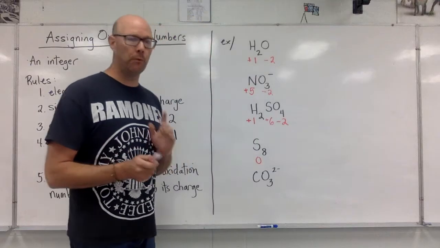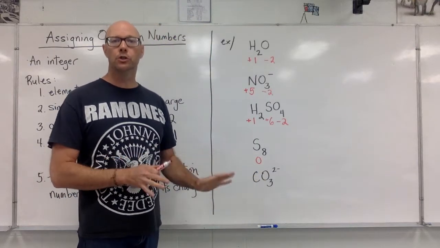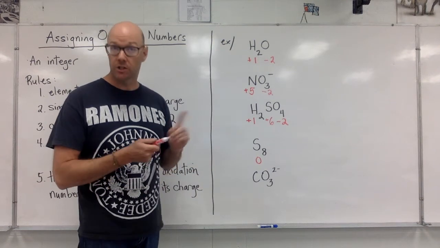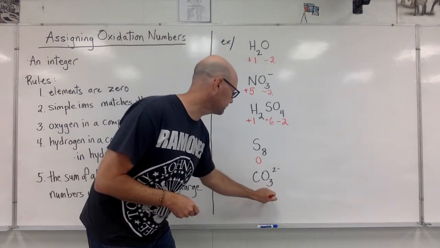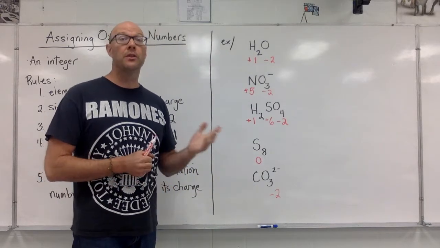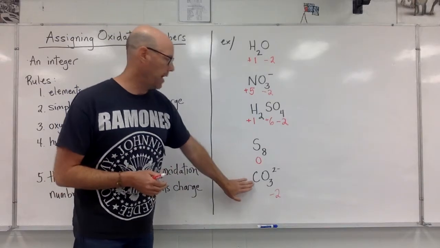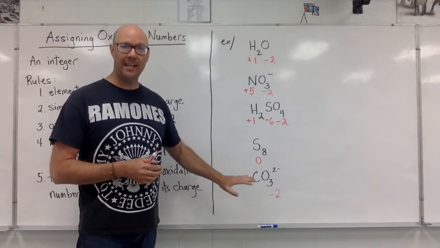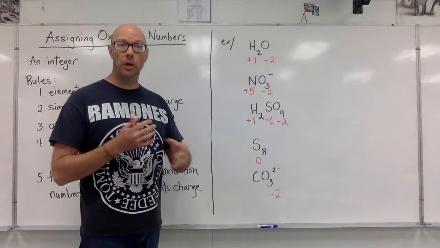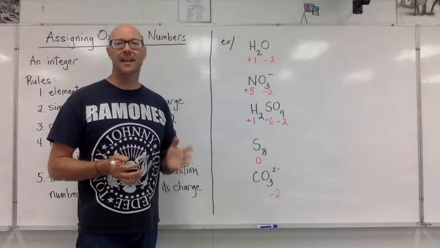One final example before we move on. These carbonate ions, CO3, 2-. Oxygen's -2. There's 3 of them. That makes -6. We have one carbon, and its oxidation number is going to be something that makes the total -2.